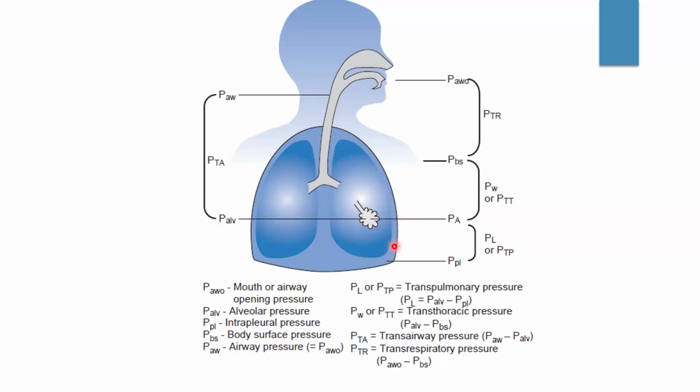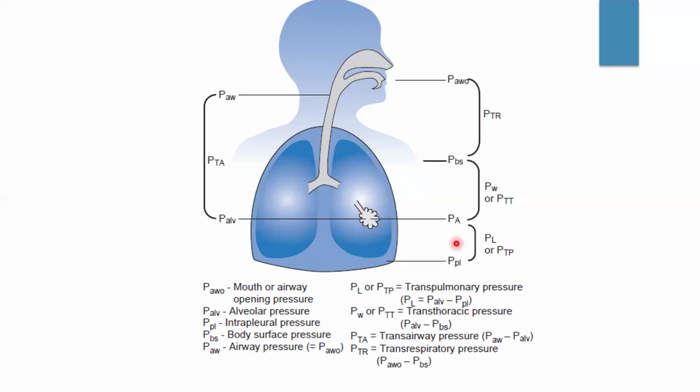Next gradient is the transpulmonary pressure, which is the most important pressure gradient among all these four, and will be used to explain various physiologies in various diseases in the coming classes. The transpulmonary pressure is the pressure difference between the alveoli and the pleural pressure. So this is alveolar minus the pleural pressure.